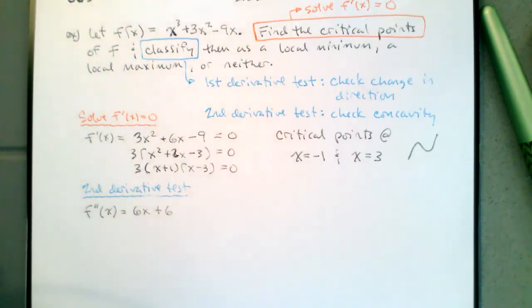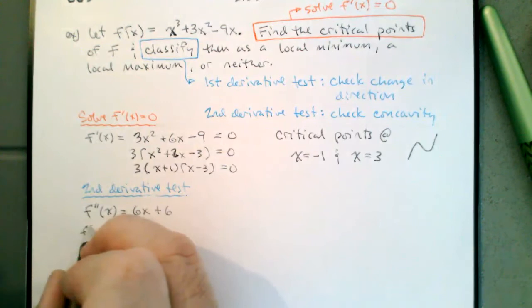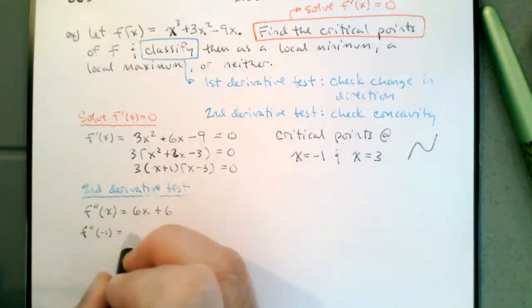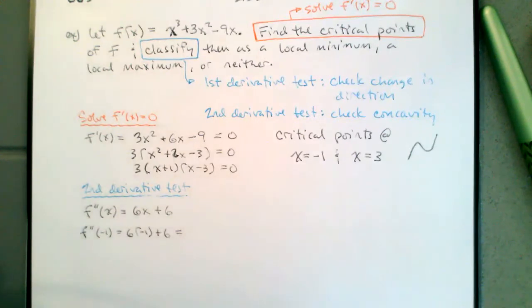And we'll just evaluate the second derivative at each of the critical points. So f double prime at -1 is 6 times negative 1 plus 6. Why am I getting 0 for the second derivative? What did I do?